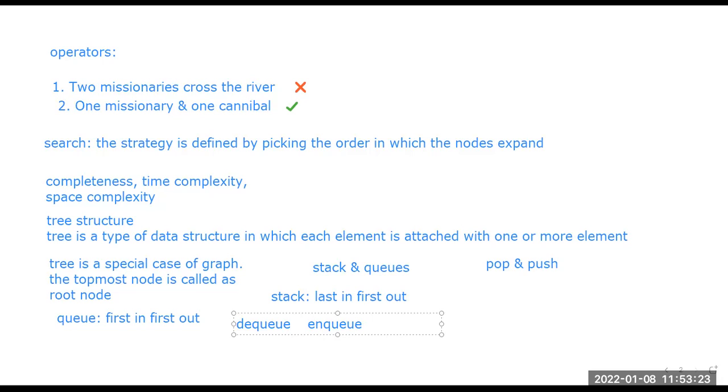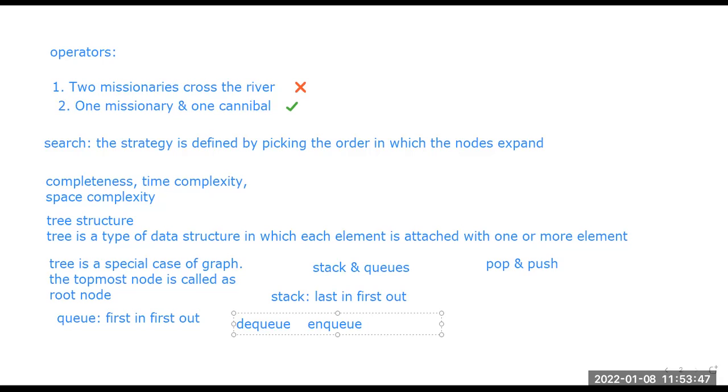Now the next part is known as search. It is a systematic examination of states to find the path from the start to the goal. We have talked a lot about state representation and state space since yesterday's class also.